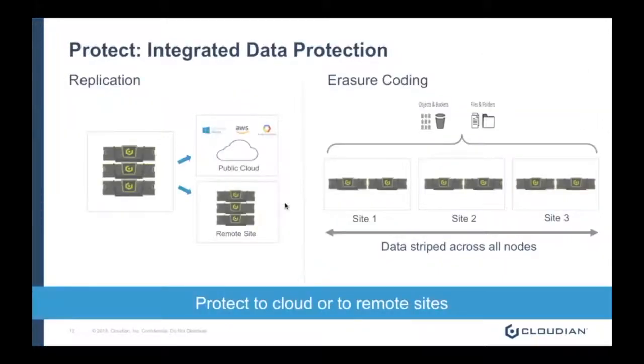And then the third thing was integrated data protection. These cloud providers needed to protect their data, but it really wasn't practical for them to do a traditional backup. They just could not back up to tape the way an enterprise could, because they're dealing with so much data, and it's growing so fast, that they had to have data protection built in and be part of the model, not an add-on.